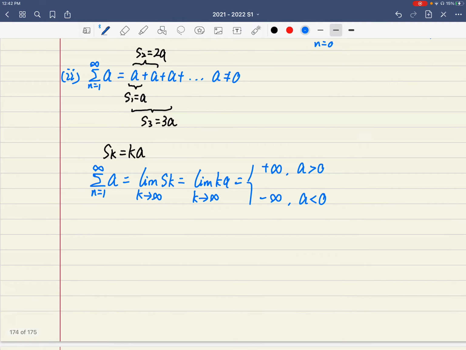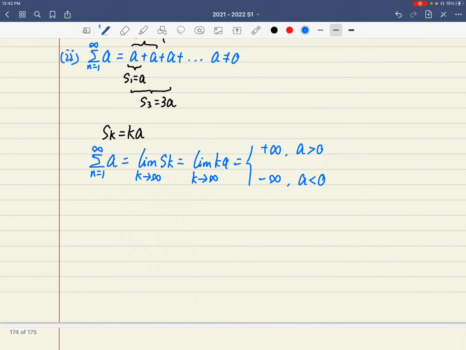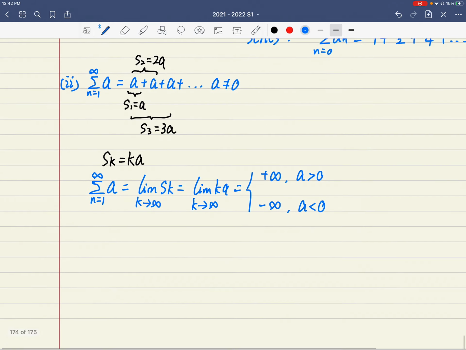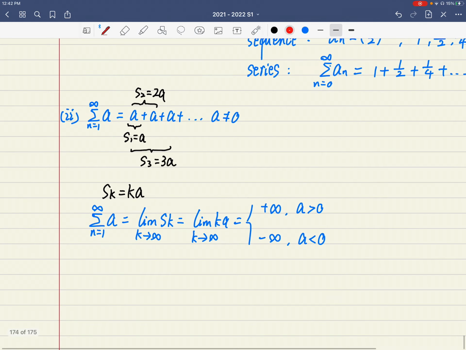Either way, this series is divergent, because the infinite sum is not a real number, or it's not getting closer and closer to a real number.